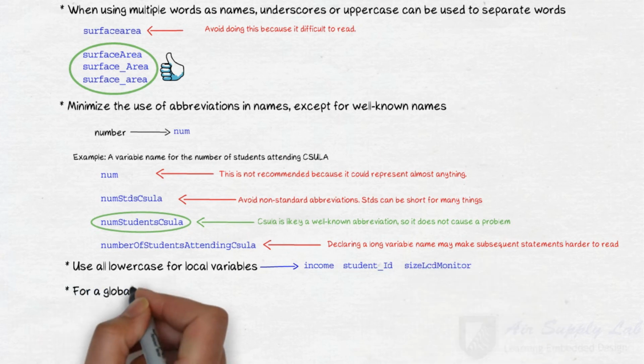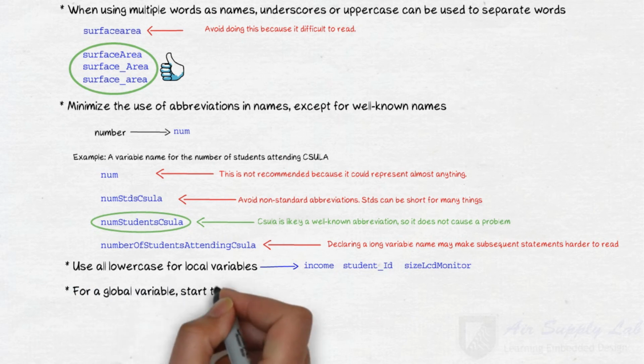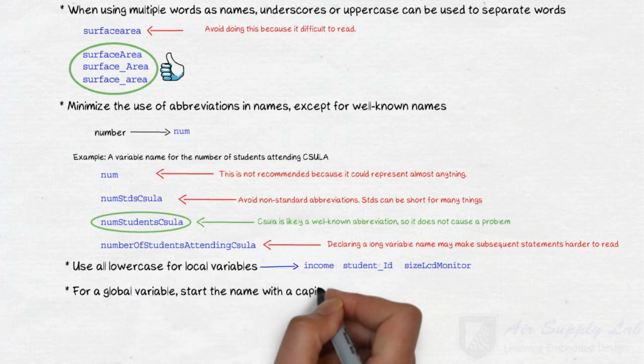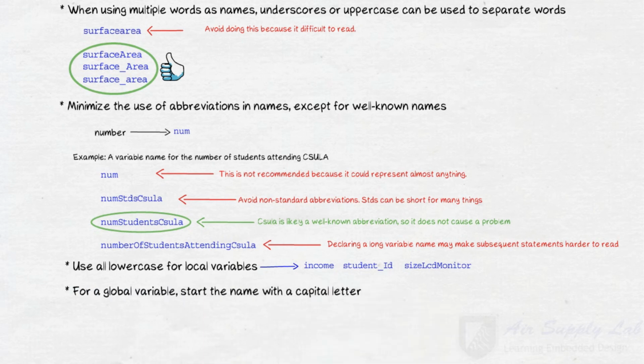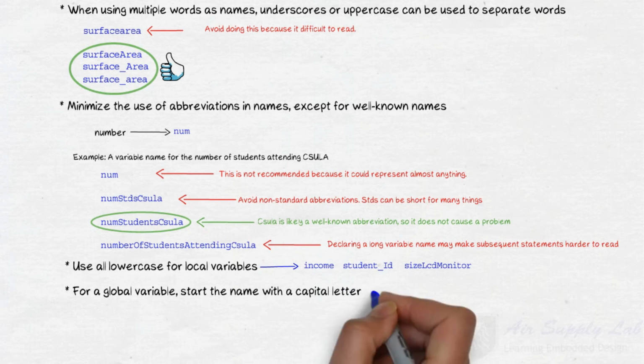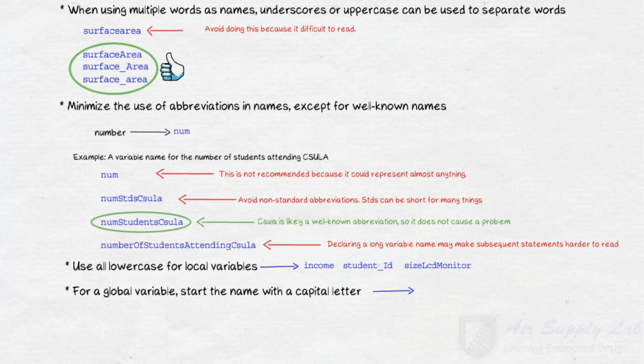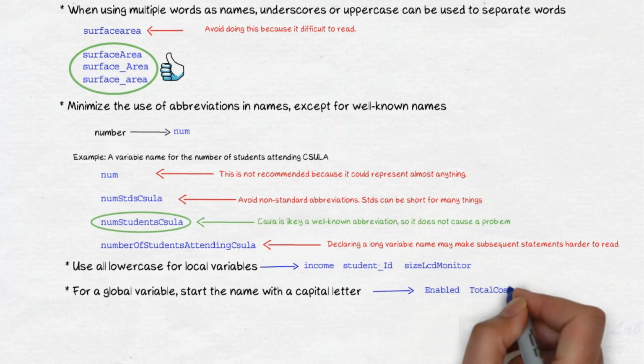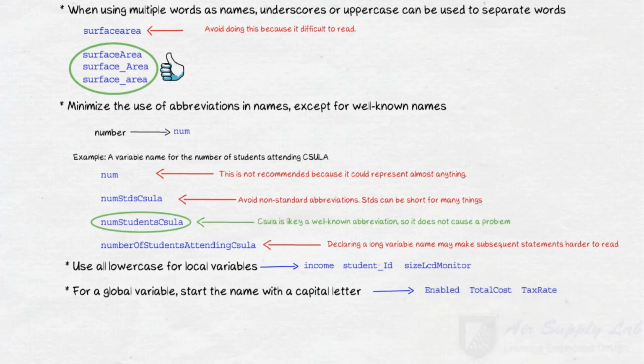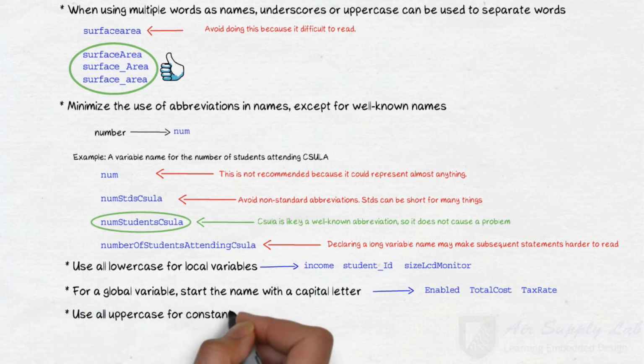For a global variable, start the name with a capital letter. Use all uppercase for constant variables.